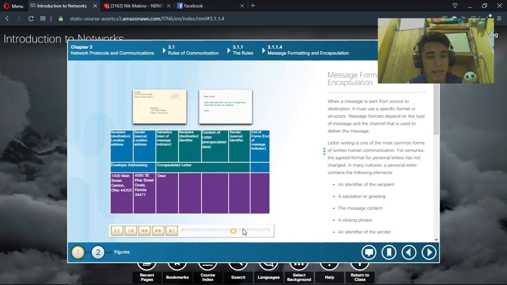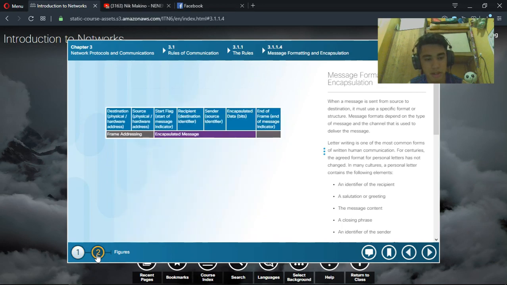So it will be encapsulated to the envelope and it will be sent to its destination. Okay, this is the frame addressing and encapsulated message.